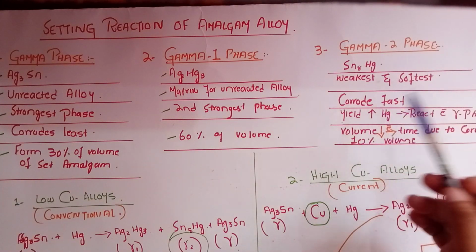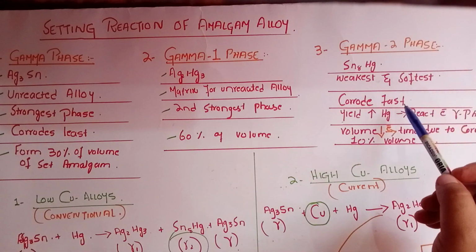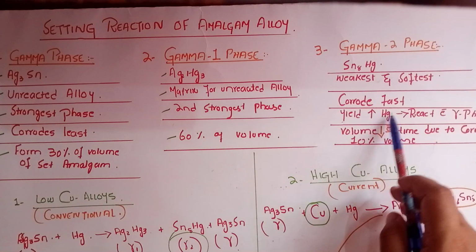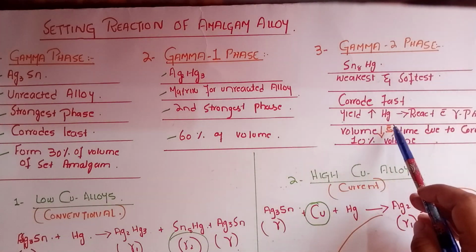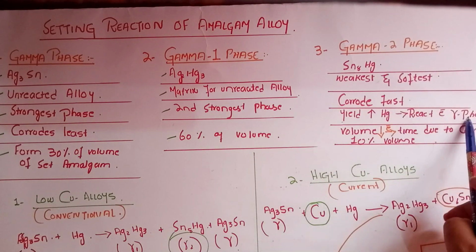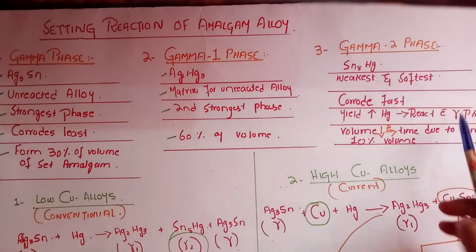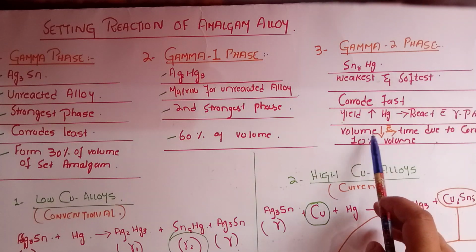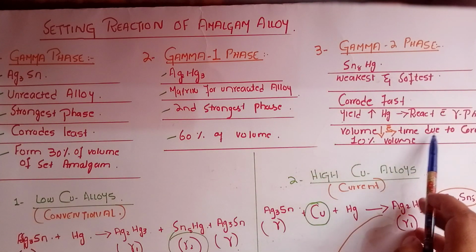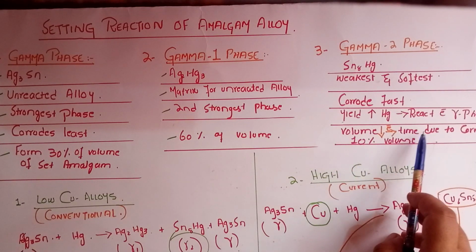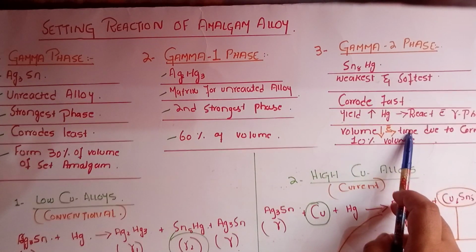In other words, the corrosion resistance of the gamma 2 phase is very low, and it yields a high quantity of liquid mercury, which reacts with the gamma phase, and which results in melting of the metal. The volume of the gamma 2 phase decreases with time due to corrosion, and it forms only 10% of the volume of the set amalgam.